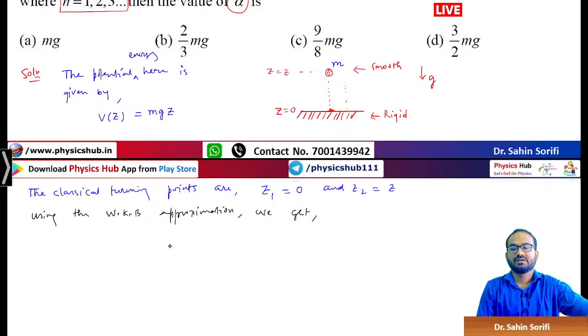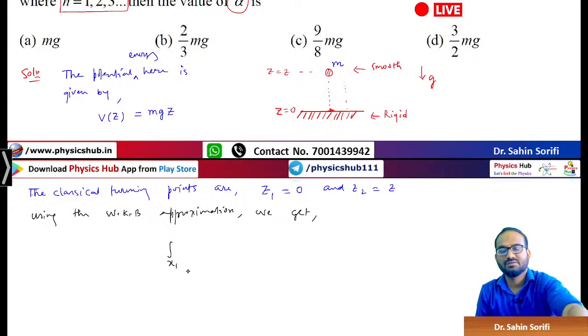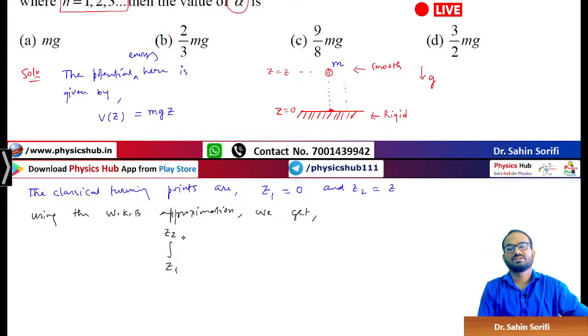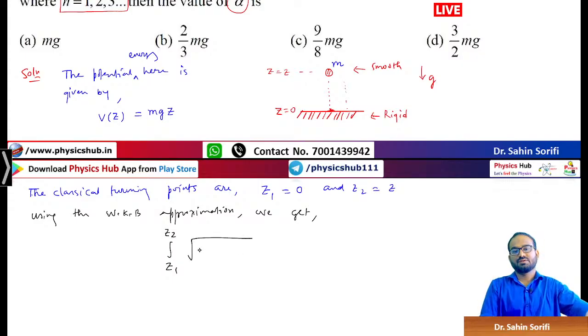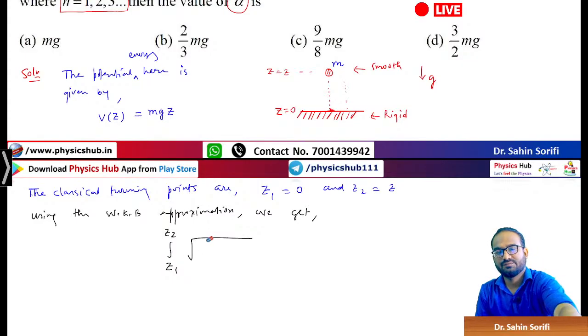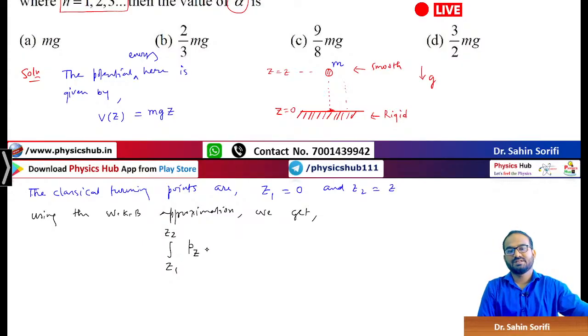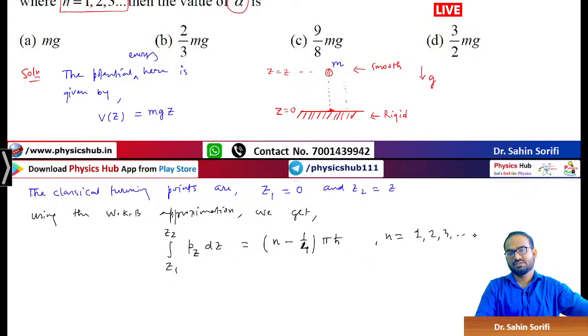We get the integration from x1, which will be replaced by z1, to z2, of the original formula, that is pz dz. This will be equal to (n minus 1 by 4) pi h cut, where n starts from 1, 2, 3 and so on.